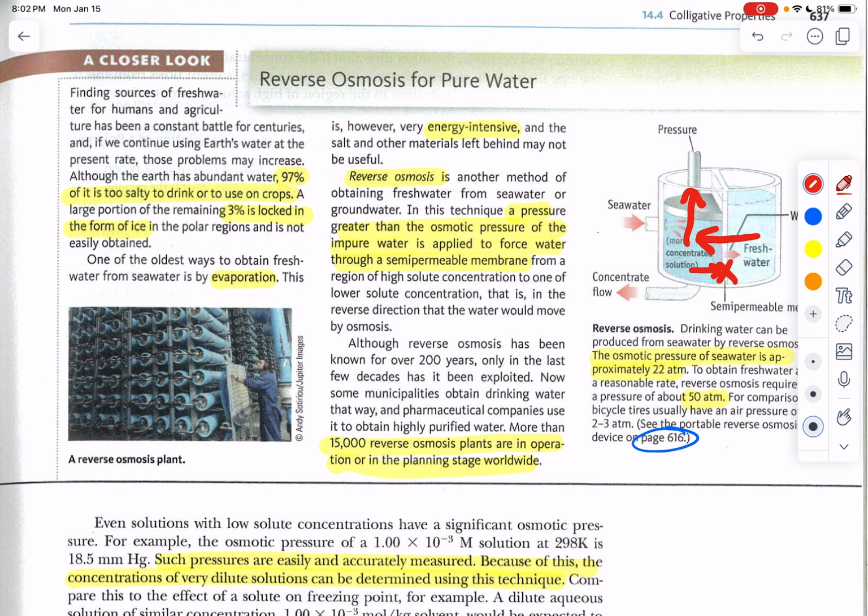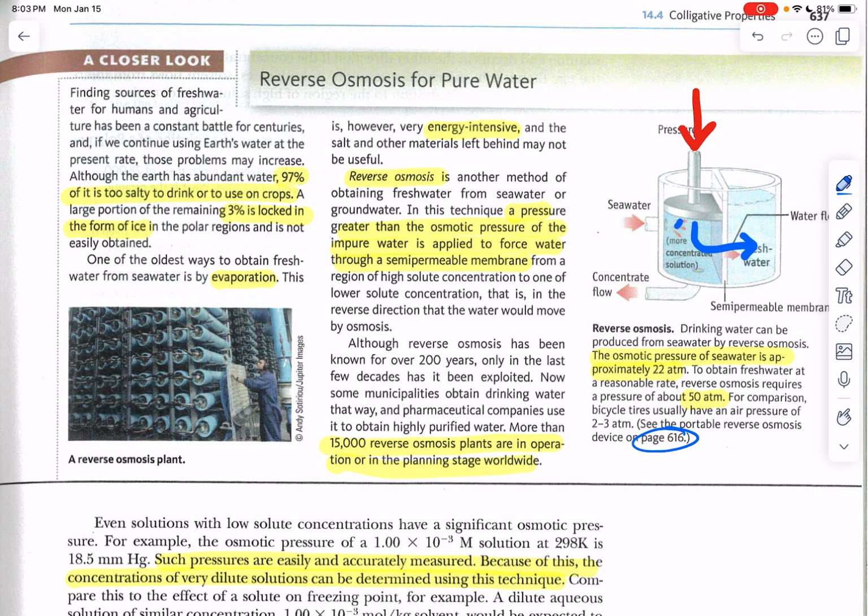But let's say we take this piston and instead we're going to push down on it. When we do that, we're going to make everything move in the opposite direction. So when we push down on it, that's going to force the water molecules to move in the opposite direction, which is this way.